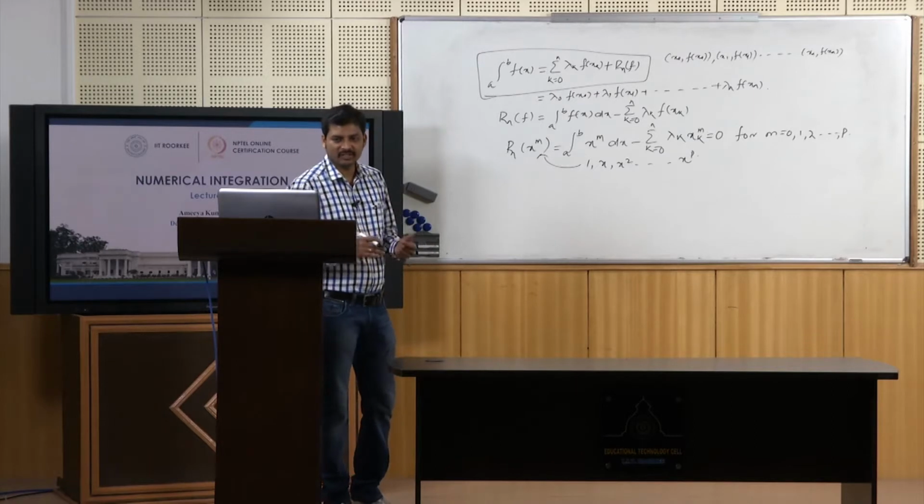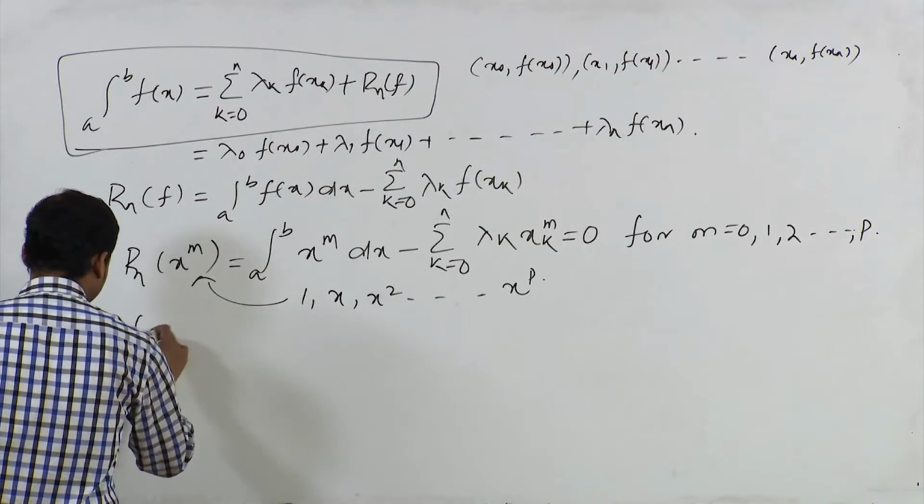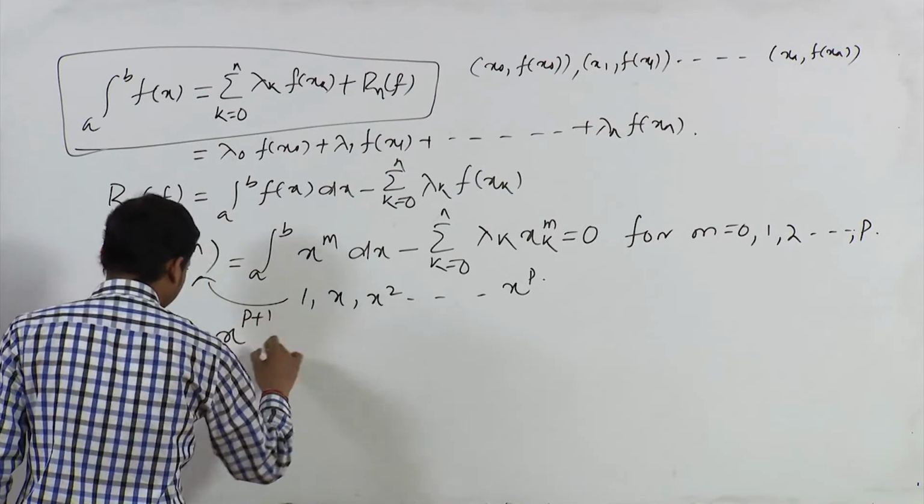So, obviously we can just write the error term for f(x) = x^(p+1).